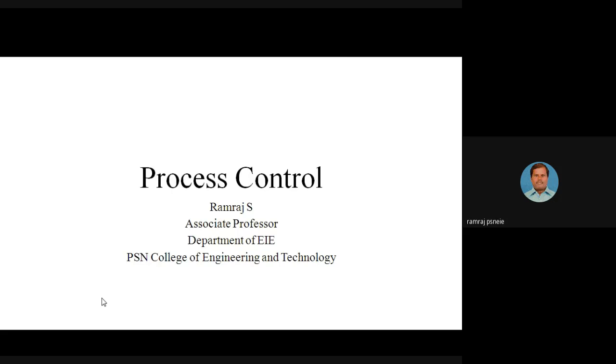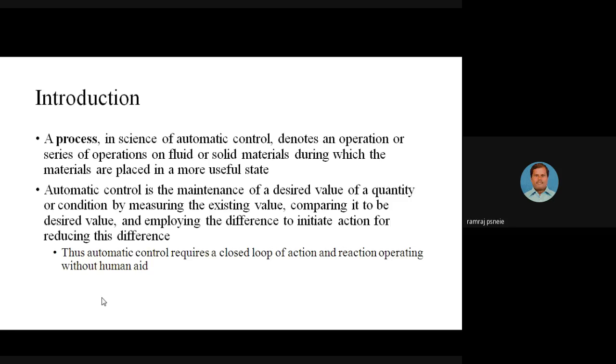Process control. Before we move on into the subject, we must know what is process and what is control. Process is a science of automatic control that denotes an operation or series of operations on fluids or solid materials during which the materials are placed in a more useful state.